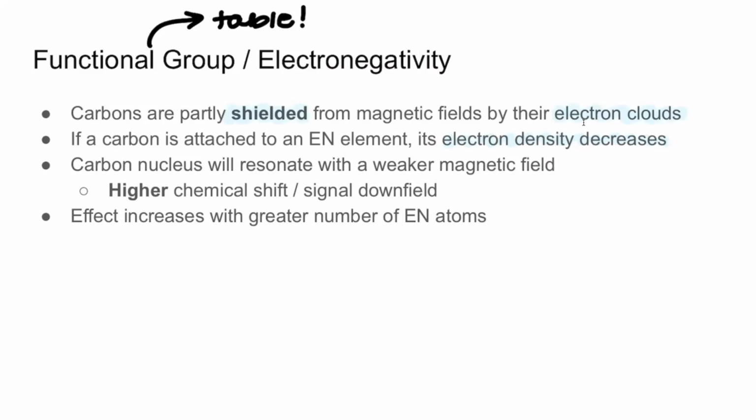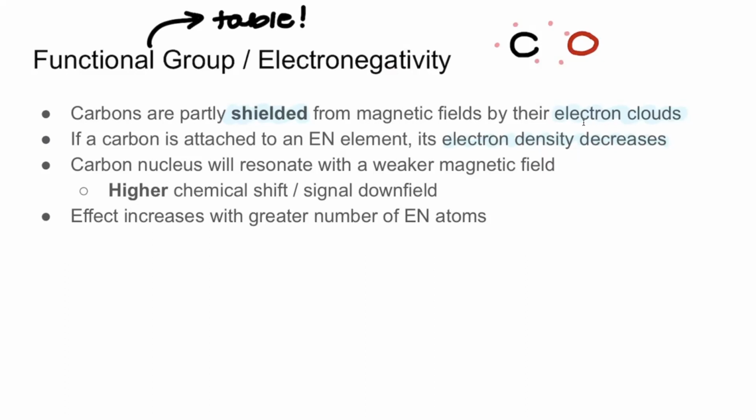And so if, for example, your carbon was attached to a really electronegative element, let me just do oxygen, for example, then remember that oxygen is kind of going to hog some of those electrons, right? And so when this happens, the electron density of carbon is going to decrease, meaning that it is less shielded.